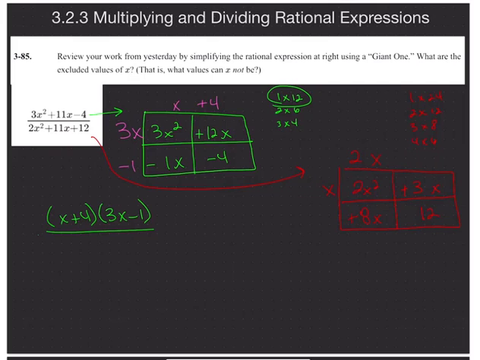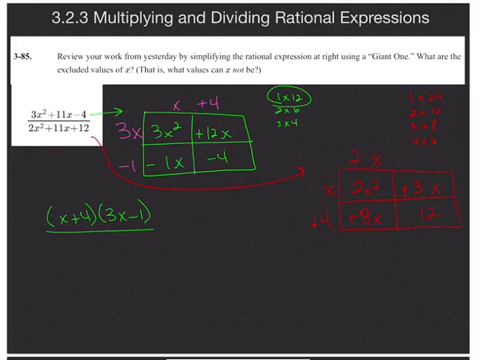So I'm just going to start moving around. 2x times what is going to give me 8x? Yep, you said it. Positive 4. What times x is going to give me 3x?